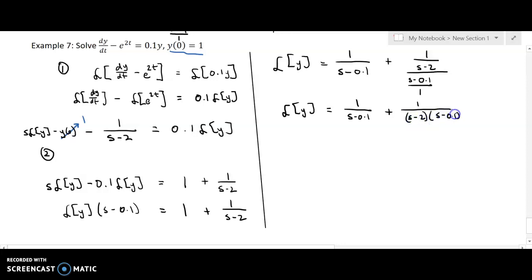Now, just like in the previous problem, I see here in the denominator that I have a product of s components, and so here I'm going to use partial fraction decomposition in Wolfram Alpha to split this apart into something over s minus 2 plus something over s minus 0.1. So if you do that, the first term is okay, right?